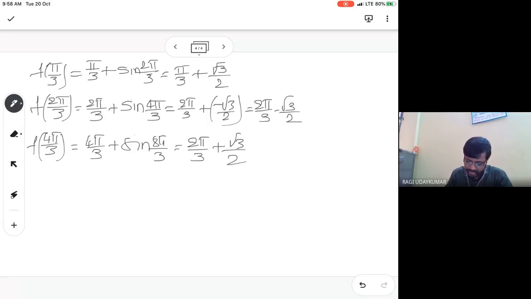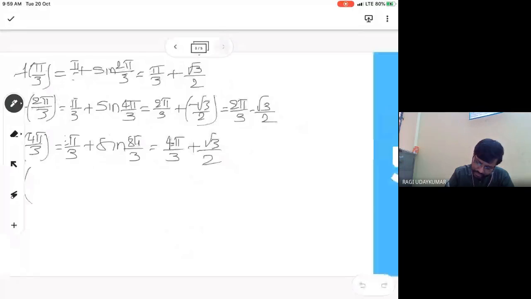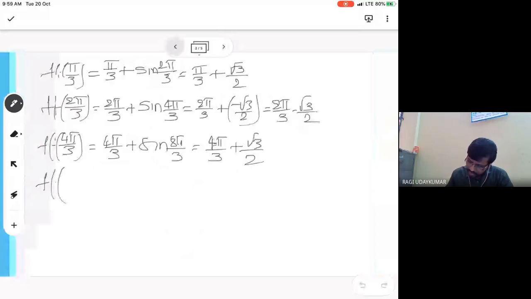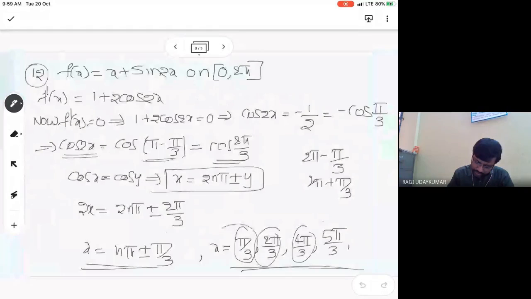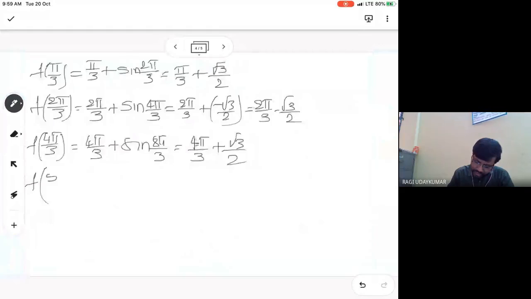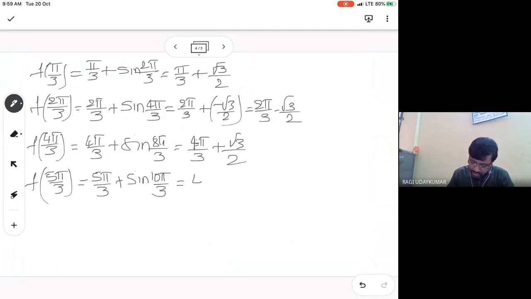Next, another value is 5 pi by 3. Along with this, the value of the function is 5 pi by 3 plus sine 10 pi by 3. Sine 10 pi by 3 value is again minus root 3 by 2.